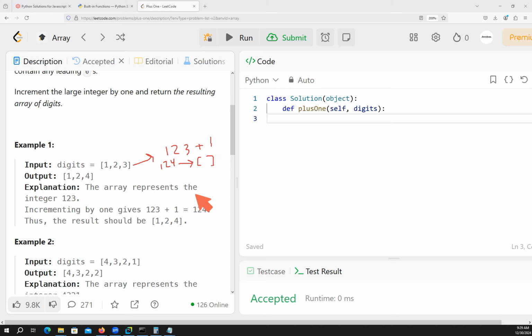The somehow is going to be shown to you as I do what I do. Really, it's going to be by powers of 10. You're going to take the list and convert the list to a multi-digit integer. You're going to use powers of 10.